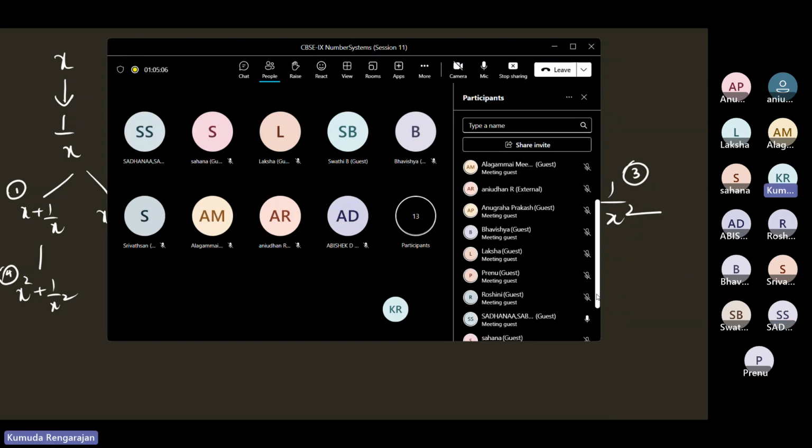Okay. Sahana, you said something? Ma'am, minus 816 root 2, ma'am. Okay. Anybody else? 1156. Okay, fine. Swati, what's your answer? Minus 816 root 2, ma'am.